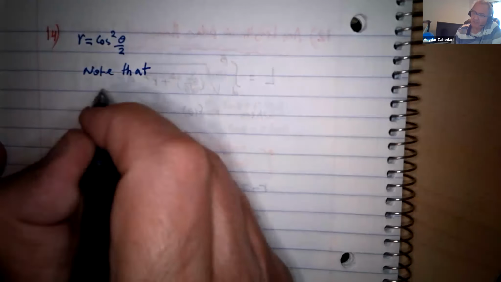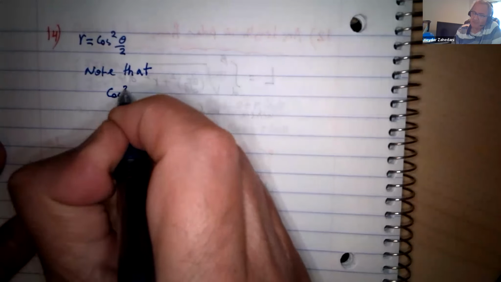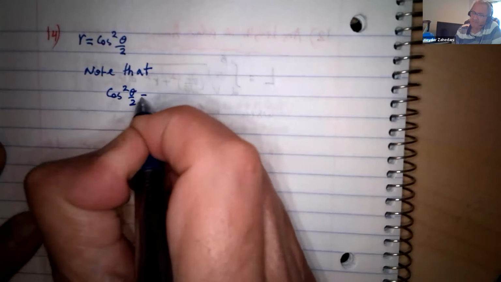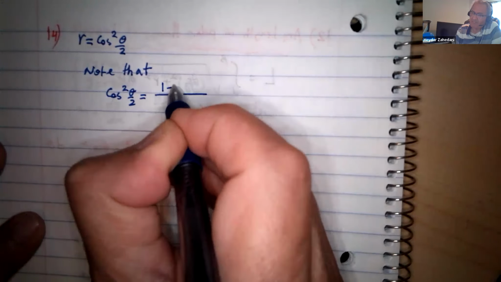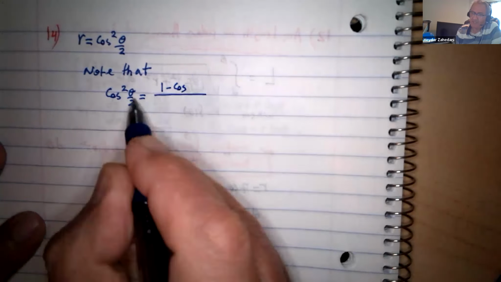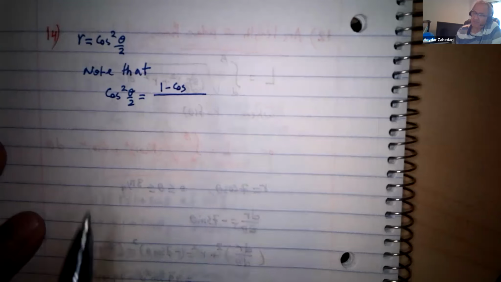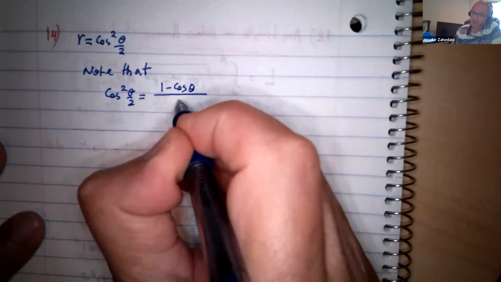Note that the other one is directly given, but for this one, cosine squared of theta over 2, remember, we reduce the power, but we double the angle. It's going to be (1 minus cosine of the double angle) over 2. That's theta over 2, you double it to get theta.